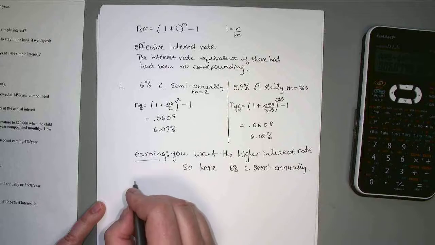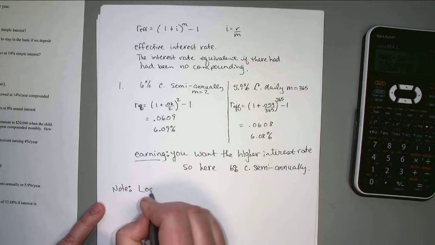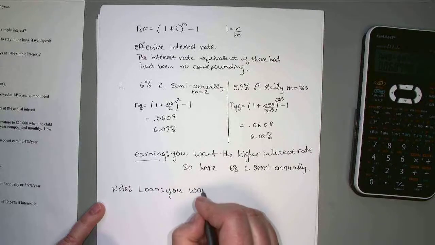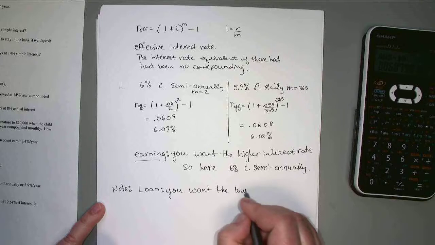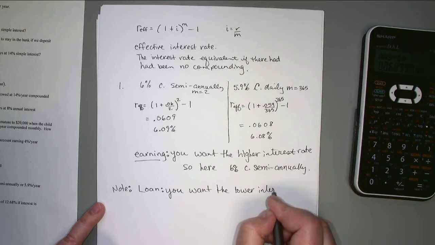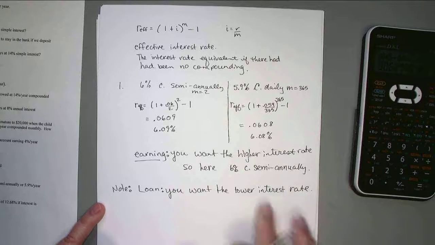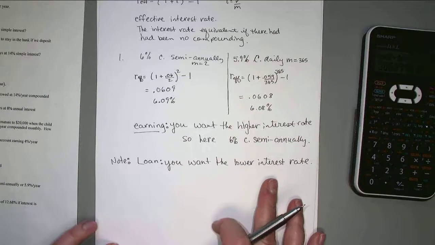Now, if it was for a loan, you want the lower interest rate. So watch the question. If it's a loan, you want to pick the lower of the two, but if you're earning money like a savings account, then you want the higher.